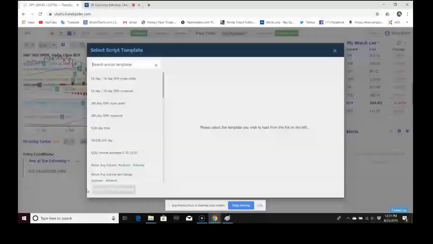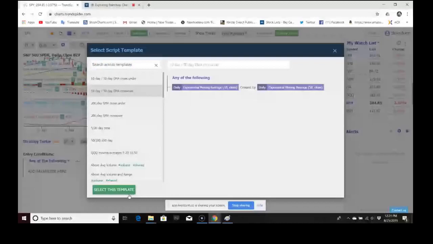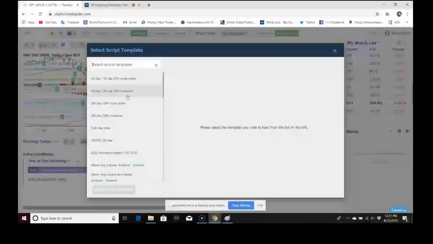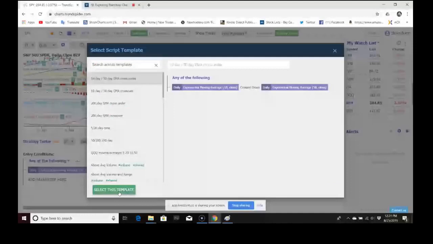If we say the 10-day, 50-day EMA crossover for an entry, and then we get back out when the 10-day, 50-day EMA crosses under, and then we backtest that.